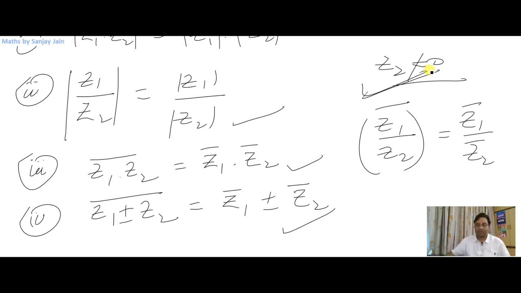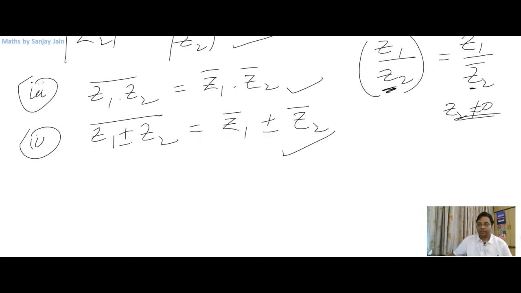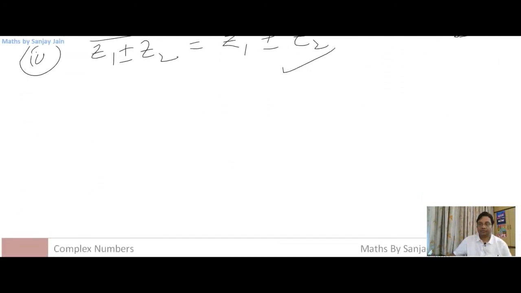If z1 and z2 are not conjugates of each other, we have to mention that z2 is non-zero, so its conjugate will also be non-zero. So it is okay if we say z2 is non-zero. Okay, right, now let us talk about those identities, and then the introduction part will be over.